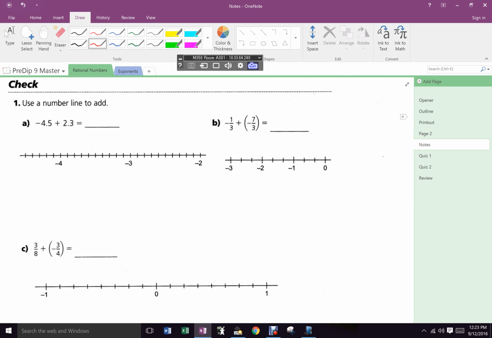Go. Matt, do you have to use a number line? On this, yes. Because part of the learning outcomes, what you're supposed to know by the end of the 9th grade, is not only how to add it, but how to show it, to prove it.